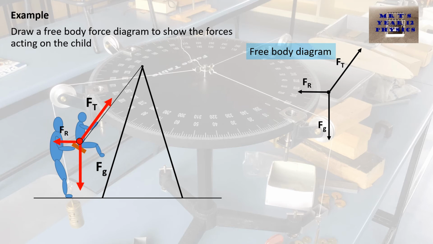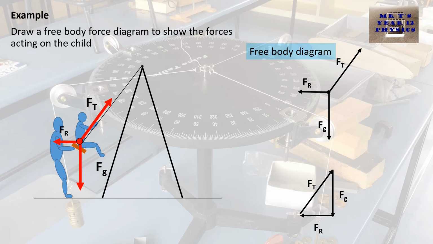Now what that means is, if we were to take all of our forces, let's take our tension force, and we add them tip to tail. Okay, so let's add our gravity force tip to tail to our tension, and our reaction force to the end of our gravity force. We've now followed the path of a triangle back to where we started.